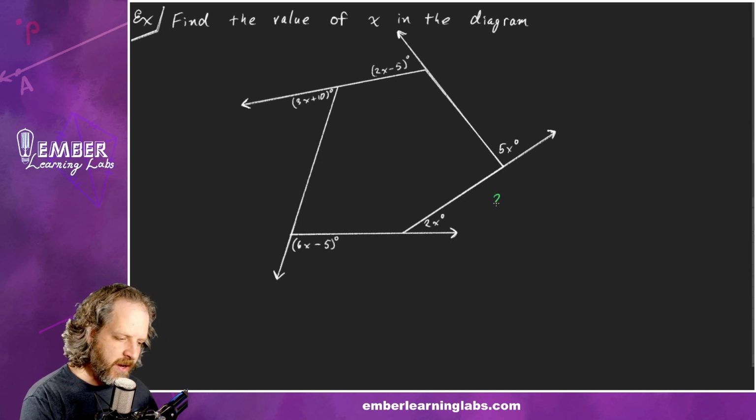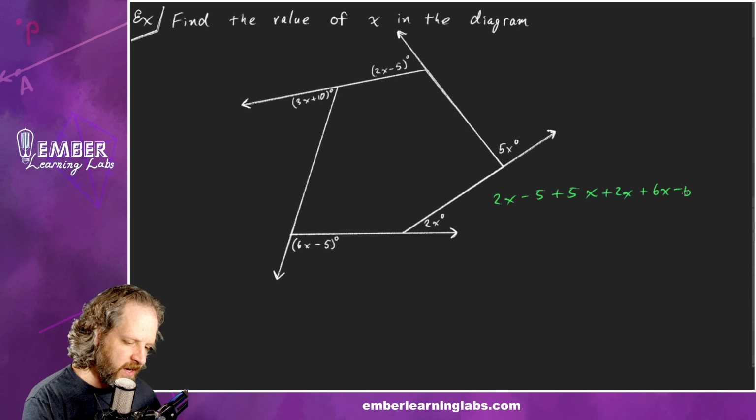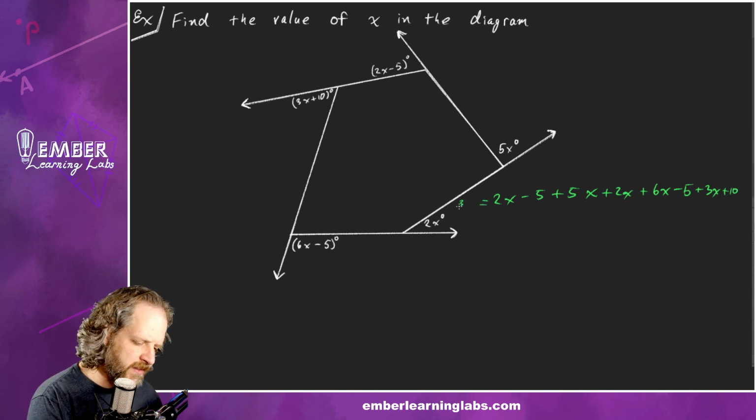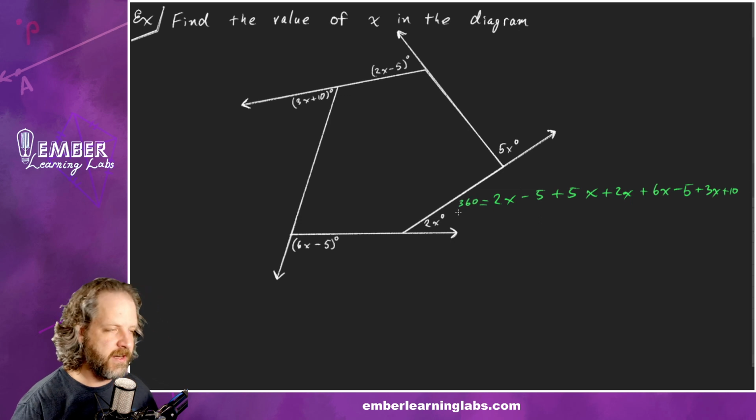So 2x minus 5 plus 5x plus 2x plus 6x minus 5 plus 3x plus 10. Did I get that 2x, Mike? Yes, I did. So equals 360. Kind of ran out of space there. I apologize.